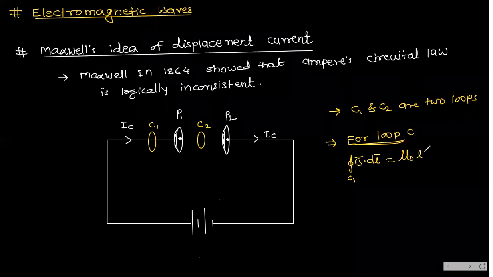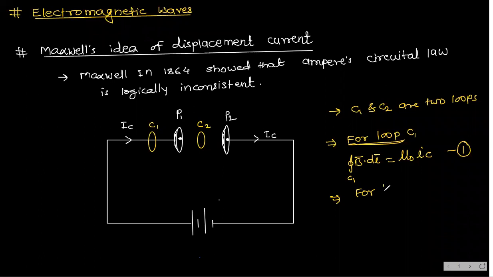Mu naught IC. Yes, this is our Ampere's law. In moving charges and magnetism, we have learned this closed integral of B bar dot DL bar is equal to mu naught times current enclosed. So for loop C1, I am getting B bar dot DL bar is equal to mu naught times IC. Okay. Now, this is your equation number 1.